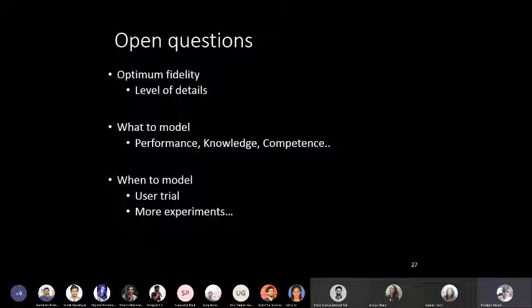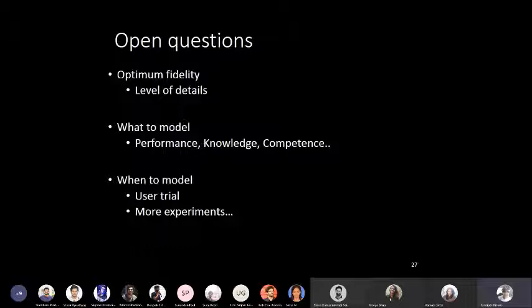And his explanation was that when we are modeling at more and more fidelity, at each level of modeling we are also accumulating error. And it doesn't mean that if I model at, say, neural level or at unit task level rather than a higher level, I will get the best accuracy. So the level of fidelity or level of detail of modeling is one open question.